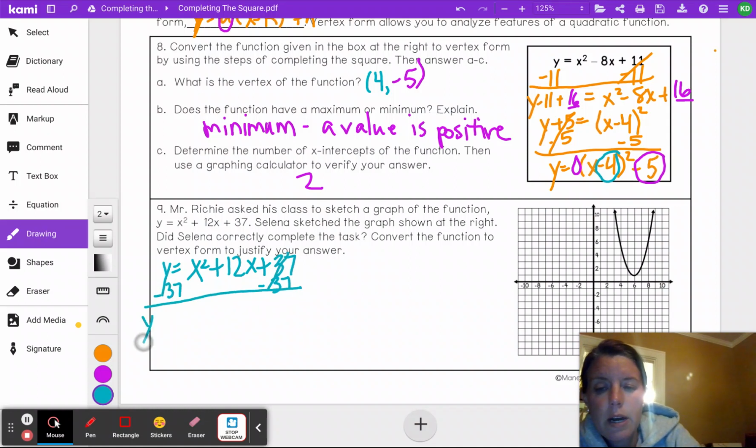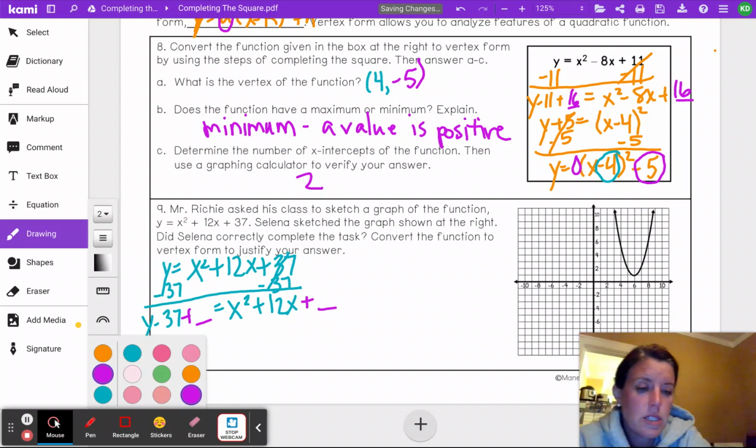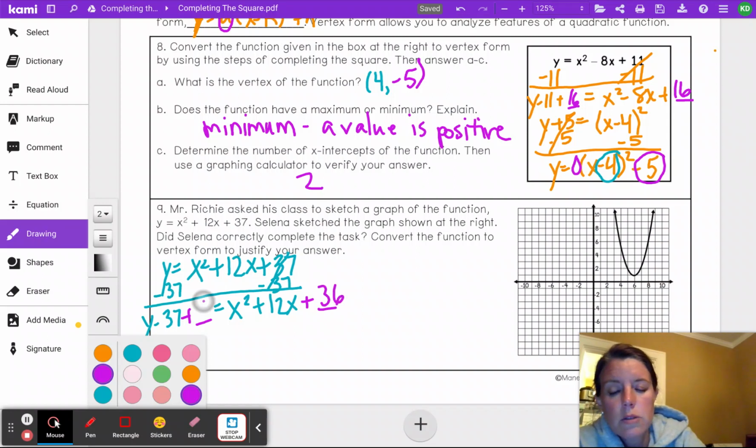And now I've got y minus 37 plus a number equals x squared plus 12x plus a number. Okay, half of 12 is 6. 6 squared is 36. So that's going to be our completing the square.